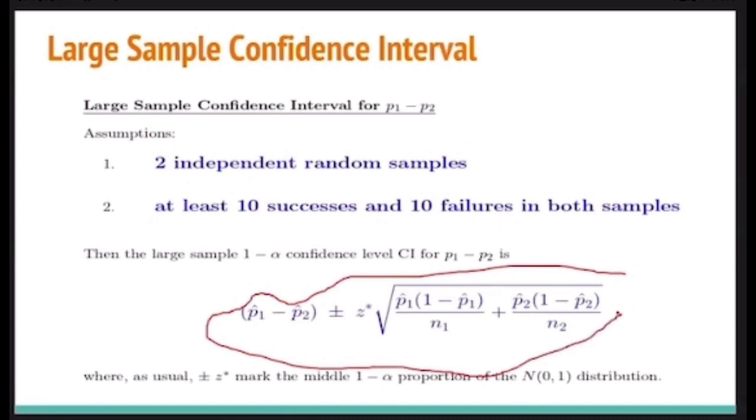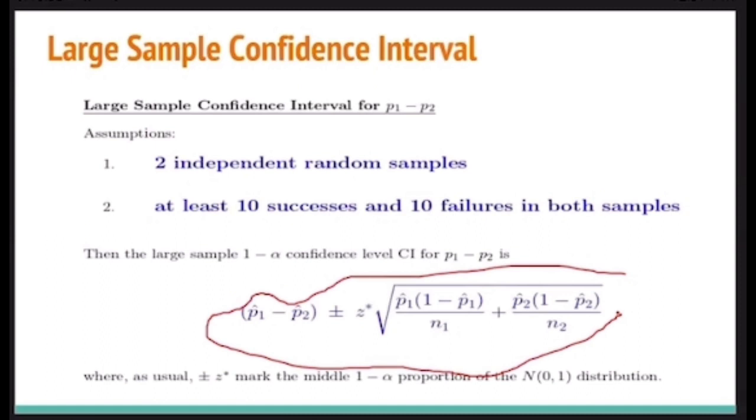Do you see the formula? This is the formula for the confidence interval of the difference of proportions. Before you can use this formula, ensure this. You need to first investigate N1 P cap 1 must be at least 10.